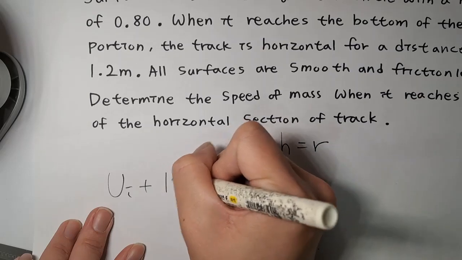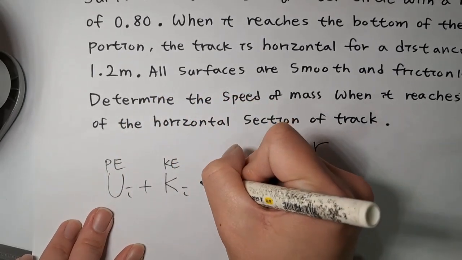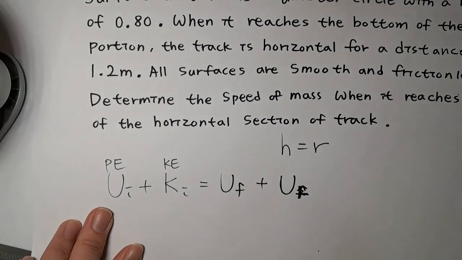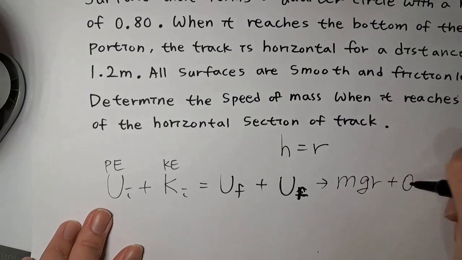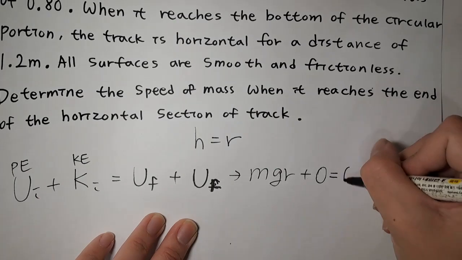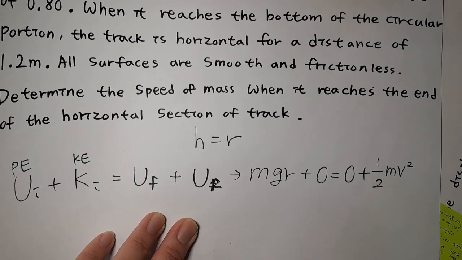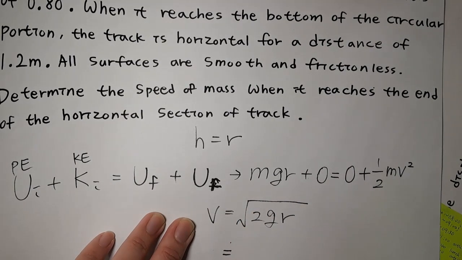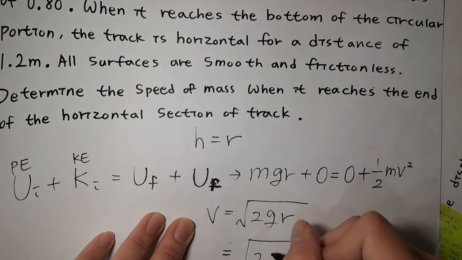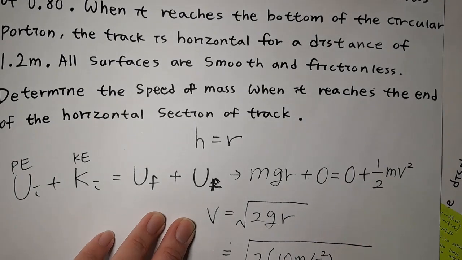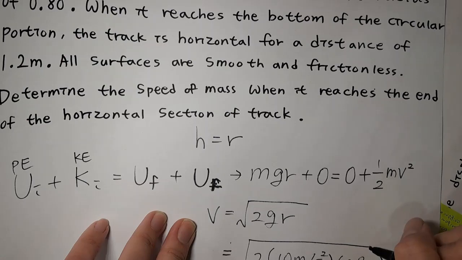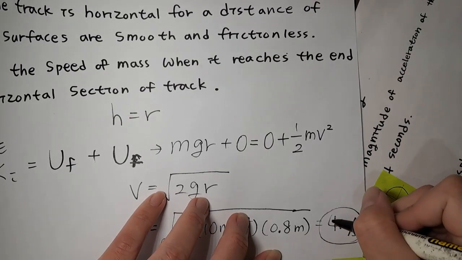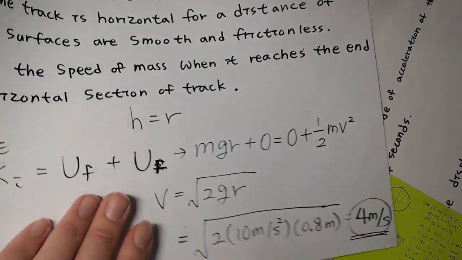So this is potential energy, and this is going to be kinetic energy. So this is 4 meters per second.